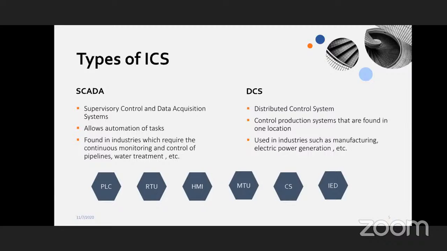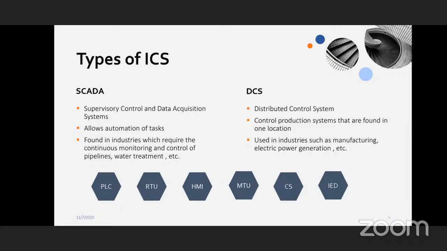Field devices control local operations such as opening and closing of valves and breakers, collecting data from sensor systems, and monitoring the local environment for alarm conditions. SCADA systems are commonly used in industries involving pipeline monitoring and control, water treatment and distribution, as well as electric power transmission and distribution.